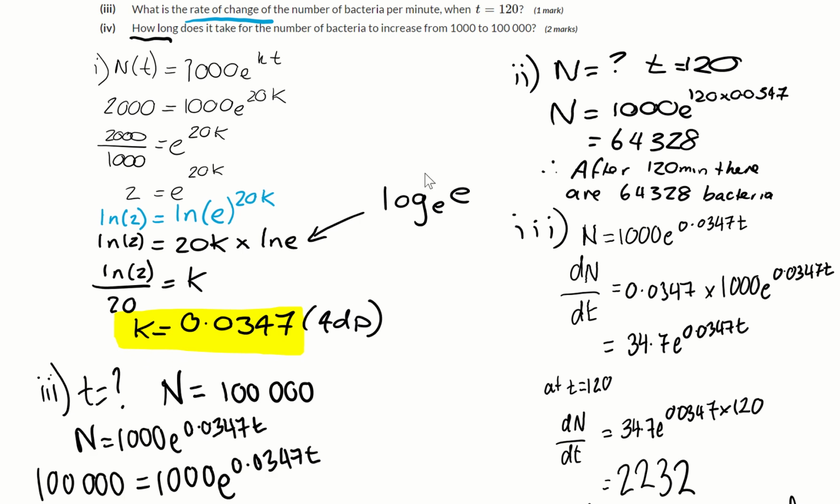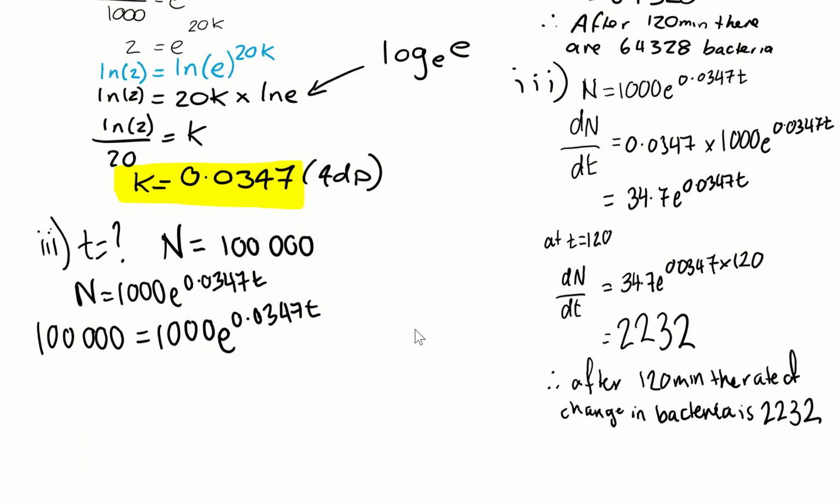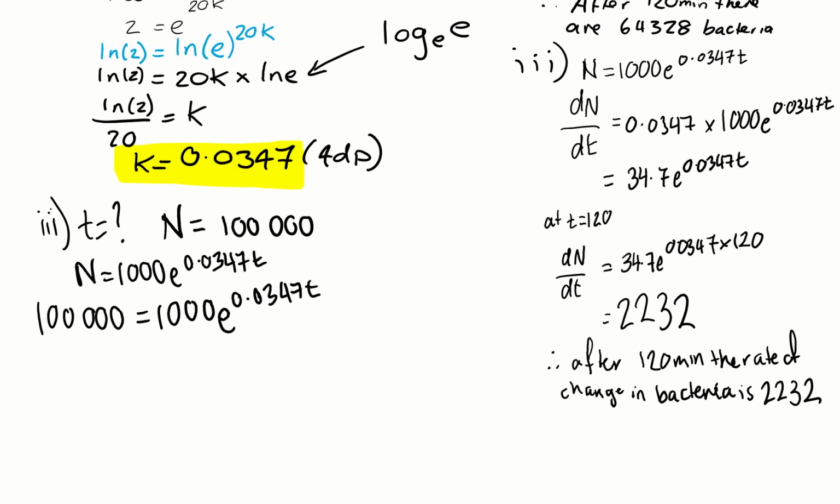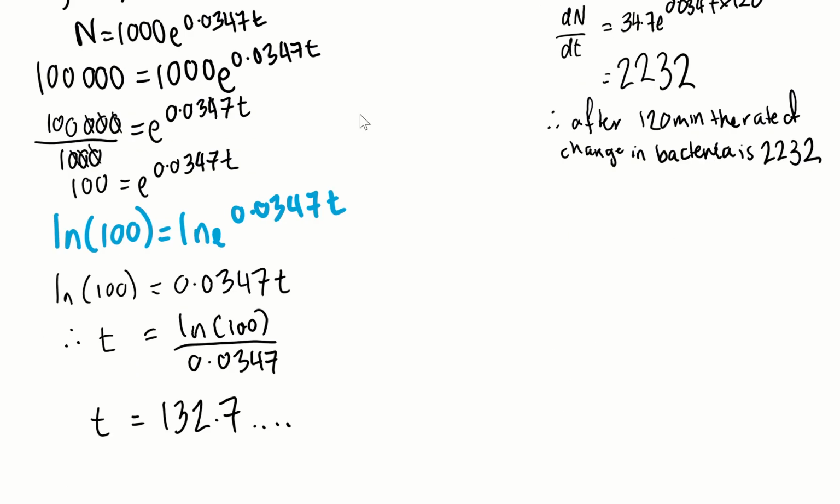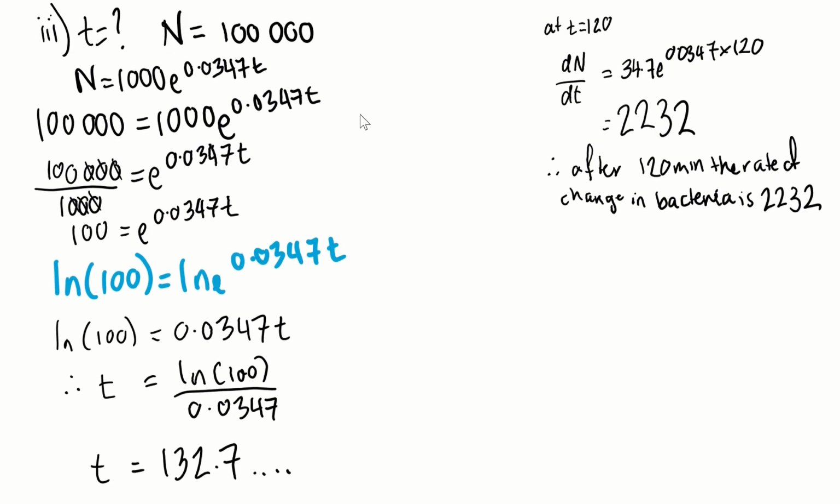Things that I'm thinking about when I sub it in is, once again, I have a power that I need to find, which means somewhere along the lines I'm going to have to undo the exponential by logging. So there it is. I am dividing by 1,000, which leaves me with just 100e to the power there. And that's when I can then log. Once everything is gone, apart from just your exponential, that's when you can log both sides.